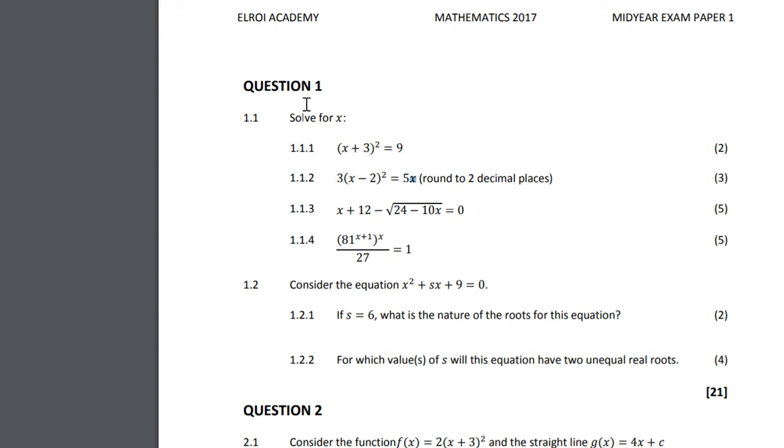I assigned it as level 2 because it's a standard routine procedure you've done since grade 11. Get the square root by itself, square both sides, solve, and test the final answer. This one is not standard routine because there were various applications. So I said this is level 3, but definitely an easy level 3 question.